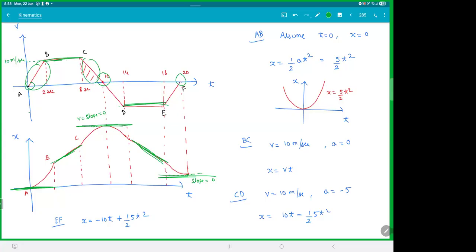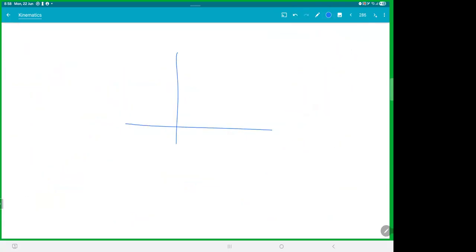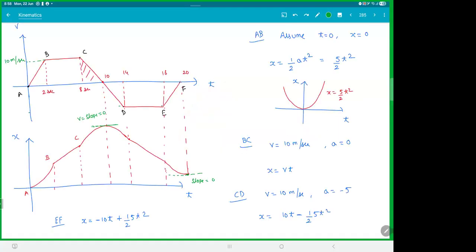Now, the only confusion comes: people figure out it is a curve. The confusion is this. Should I draw the curve going up or should I draw the curve going like this? That's the confusion, isn't it? Then how will you decide? You look at the slope of the curve. When you go from A to B, look at the slope.